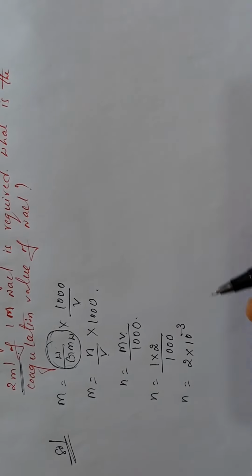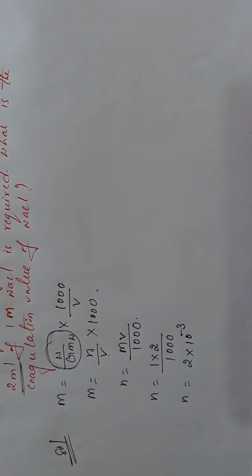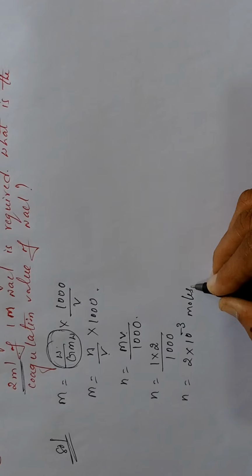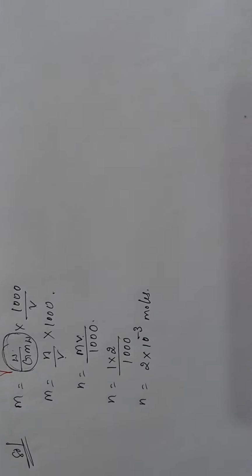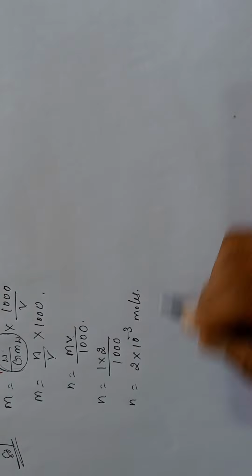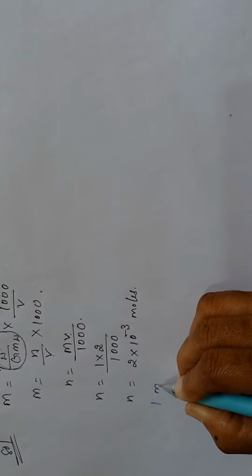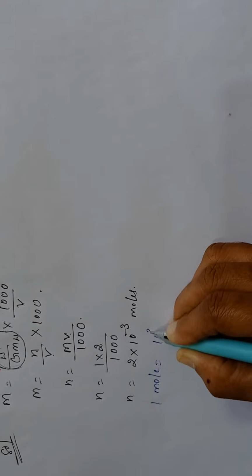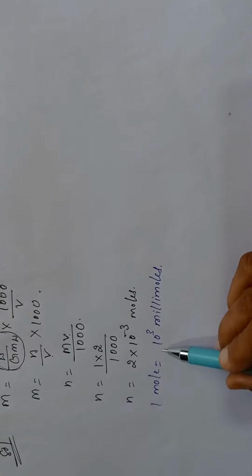After that, we have to convert the number of moles into millimoles. This is the mole unit, students. But we know that 1 mole is equal to how many millimoles, students? 1 mole is equal to 10 to the power of 3 millimoles.